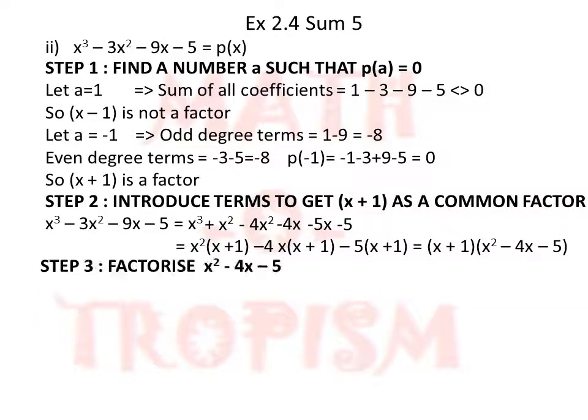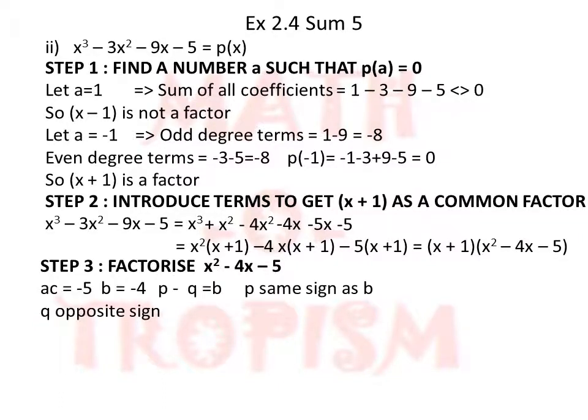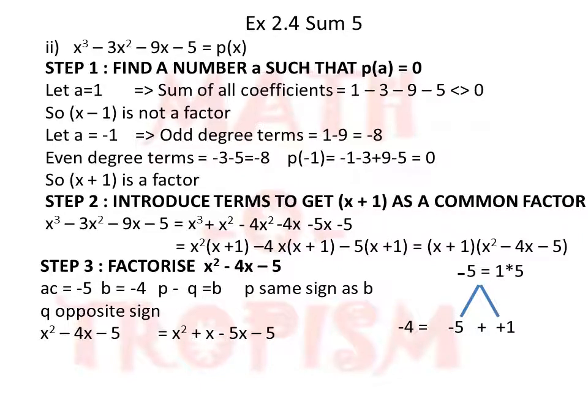Now I need to factorize this quadratic polynomial. So AC is 1 into minus 5, so minus 5, b is minus 4. So I can split minus 5 as 1 and 5, with 5 having the negative sign of the b, because only with opposite signs can I get the b value, since AC is negative, and the other term is plus 1.